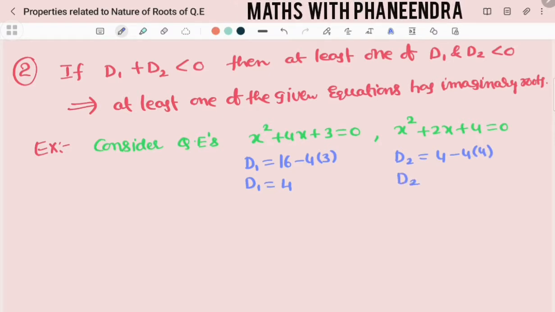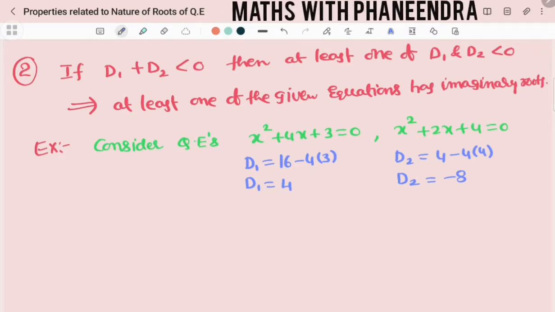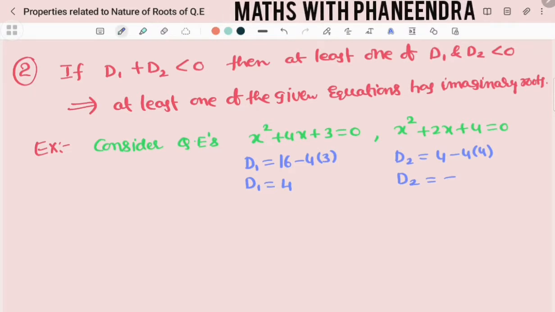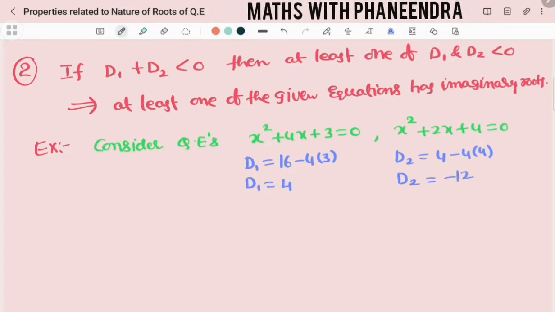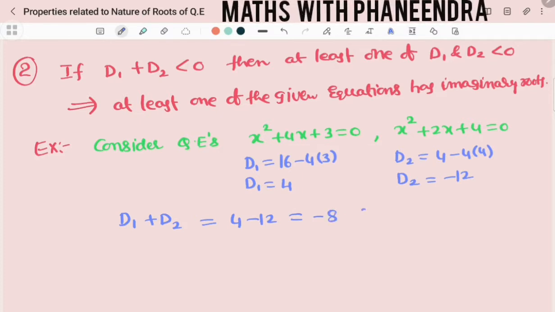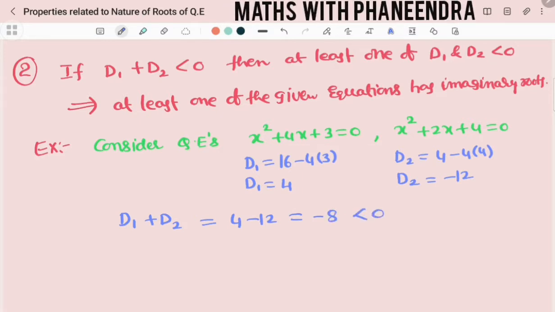So d2 is equal to 4 minus 16, sorry, that is equal to minus 12. Now calculate the value of d1 plus d2 in this case: 4 minus 12, that is equal to minus 8, which is less than 0.